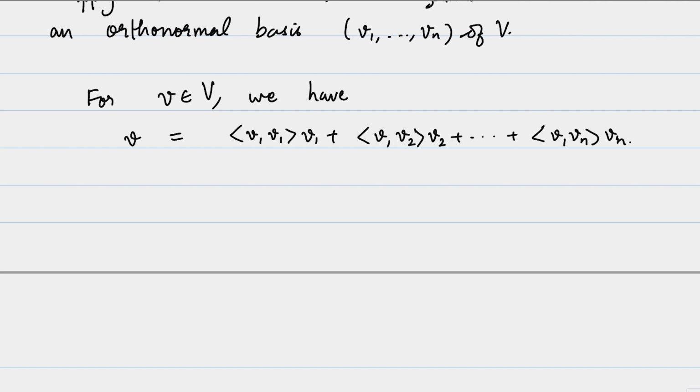This is something we have from last week's lectures. Now let's look at what is T(v). Then T(v) is equal to T of whatever is written above.